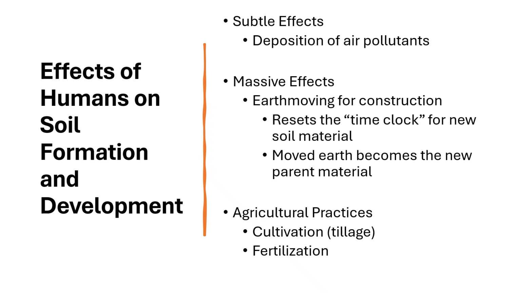And the earth moved by the machinery becomes the brand new parent material for any soil that will form there. Much of what we do to grow plants, like intensive cultivation or applying fertilizer, fundamentally alters the soil's properties. We're going to learn more about that when we're learning the physical and chemical properties of soil.